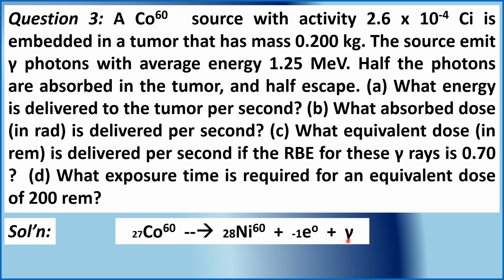So this is the nuclear reaction, or transmutation, that happens when cobalt-60 emits gamma photons.